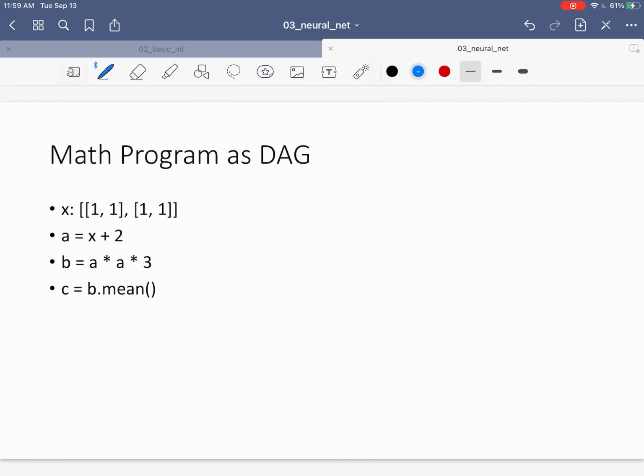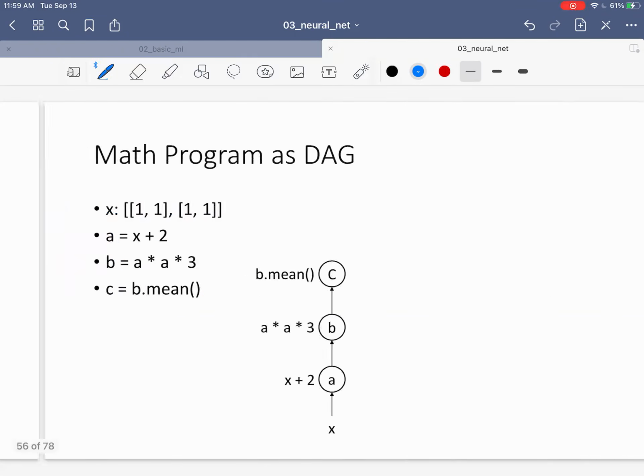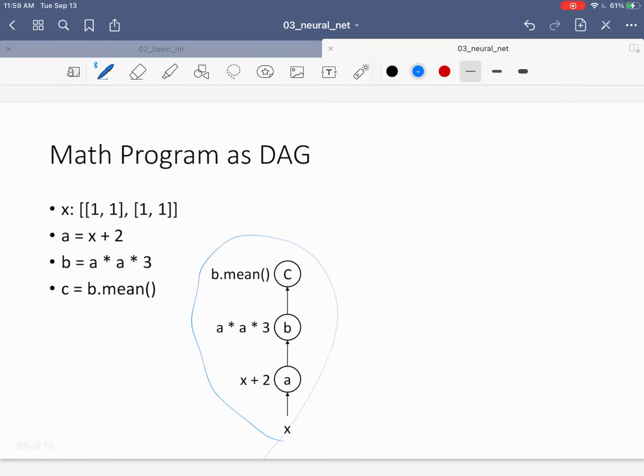Let's say that your input is a 2x2 matrix: 1, 1, 1, 1. And you have three variables: x plus 2 becomes a, times 3 becomes b, and averaging them gives you c. So this would be your DAG.